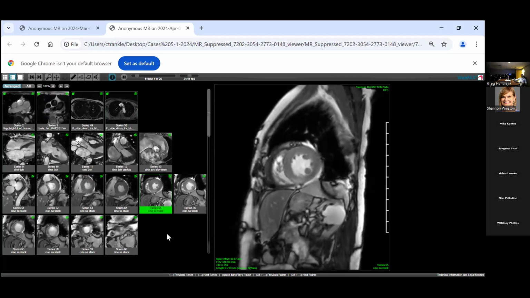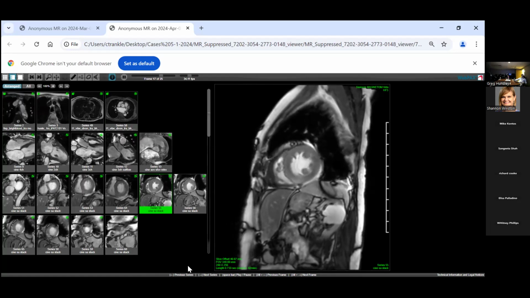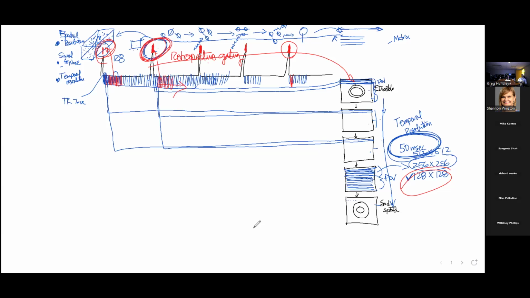Because we're going to look at function. And to do that, we're going to acquire information very quickly in time. Let's go now to the first white screen. So when we have a regular heart rate and we can appreciate the triggers, we can coordinate the image acquisition.